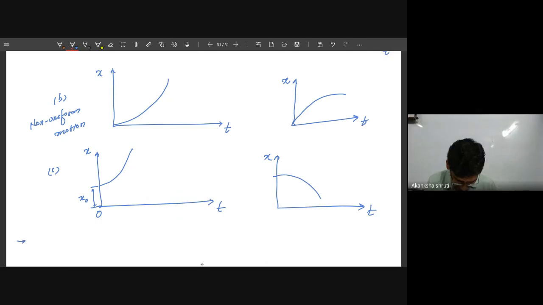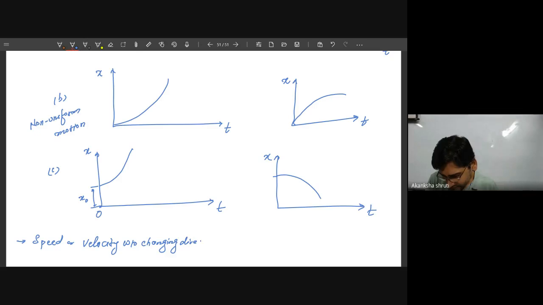So speed or velocity, this velocity without changing direction, that is important, is calculated by taking the slope of the x-t graph.